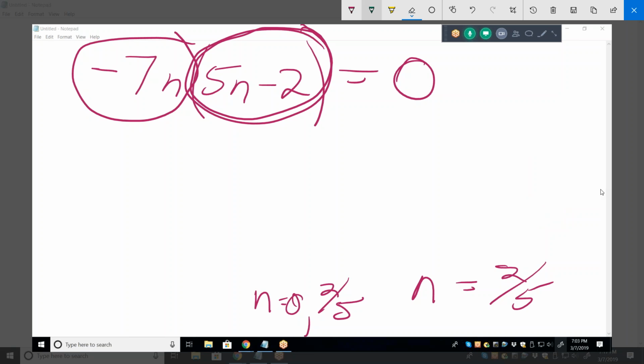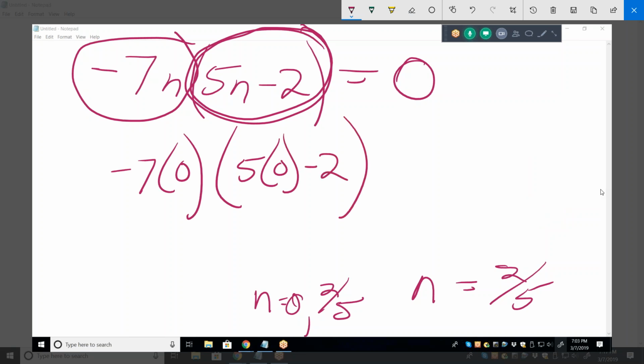Okay? So, let's start with 0. Minus 7 times 0 times 5 times 0 minus 2. What's that equal to? That's 0. That's all you need to know. Do not even look at the second part. Once you decide that that is 0, you have 0 multiplying some number. That's always equal to 0.